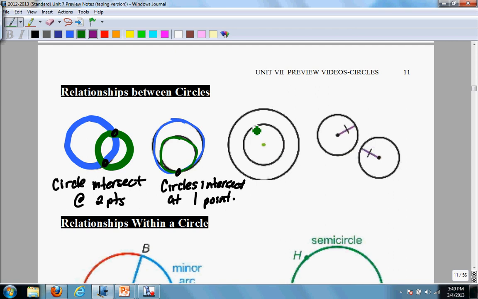I'd like you to trace these 2. Circles that share a common center, the green and the blue here, those are called concentric circles. Con means with, centric, center. It means with the same center.